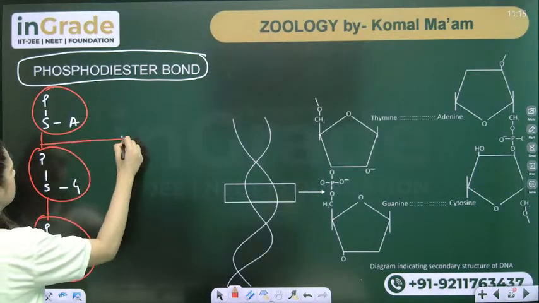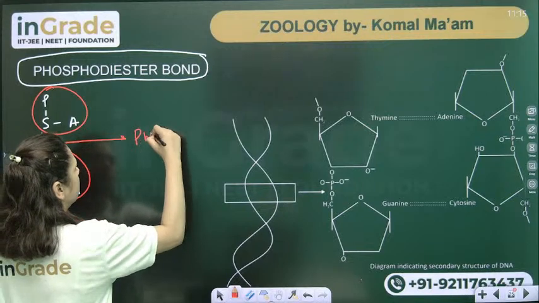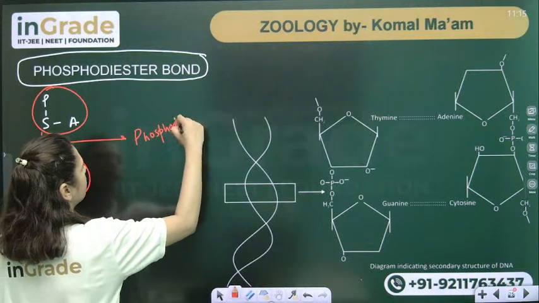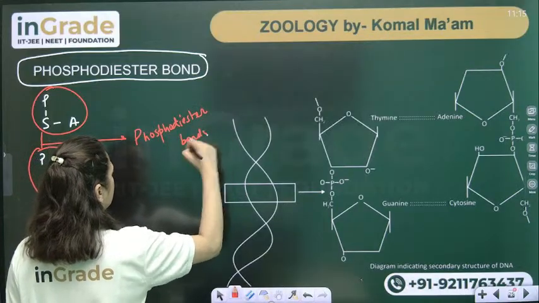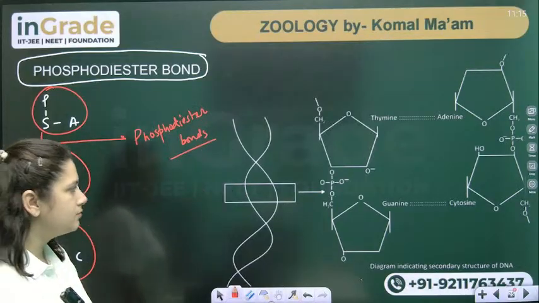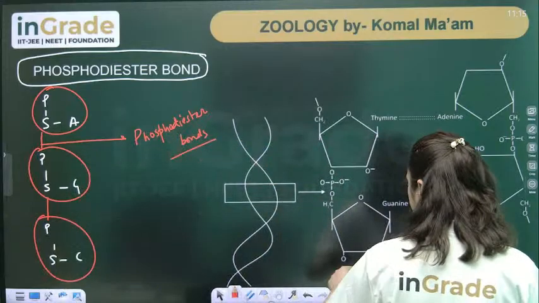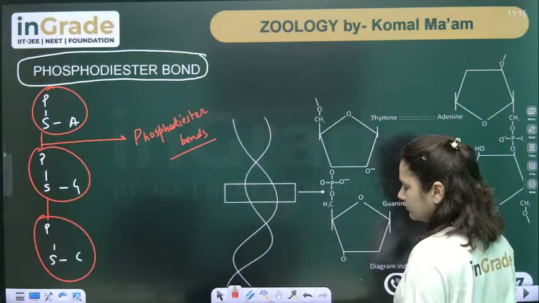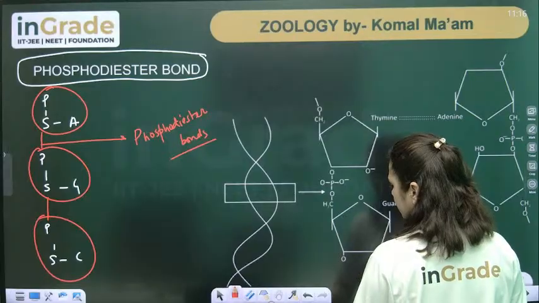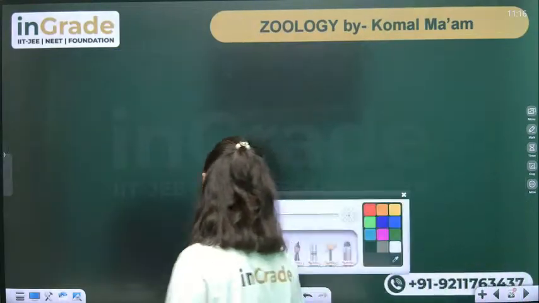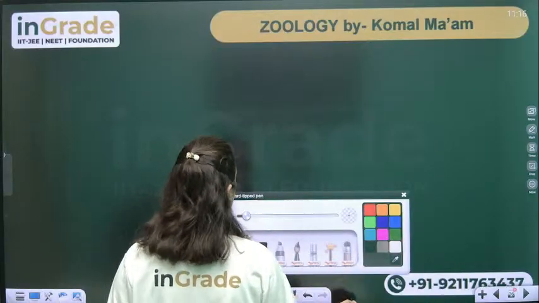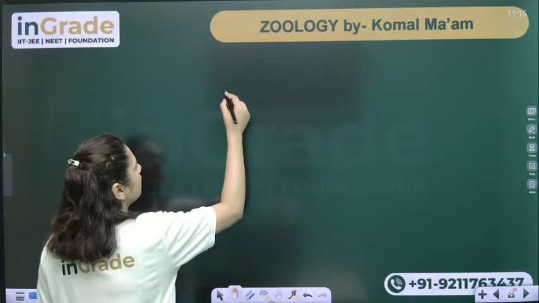These red bonds that I have made are phosphodiester bonds. Now, how they are formed, let's see. Let's say we have a sugar here.